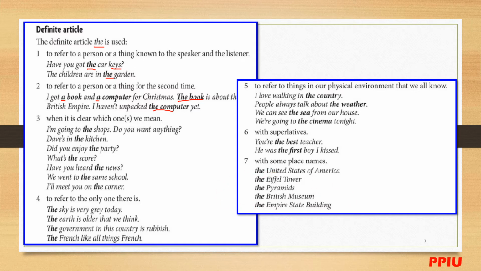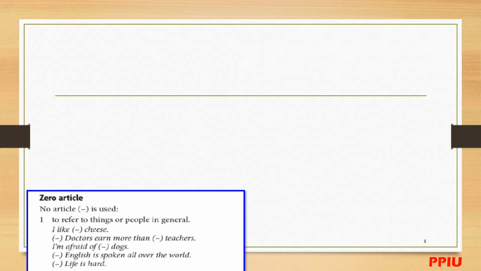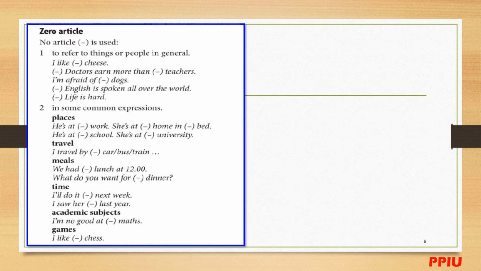Okay, so there are 7 uses of the definite article. Next, we move to the zero article. No article is used to refer to things or people in general.